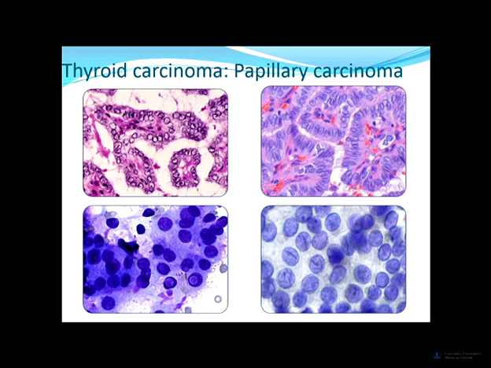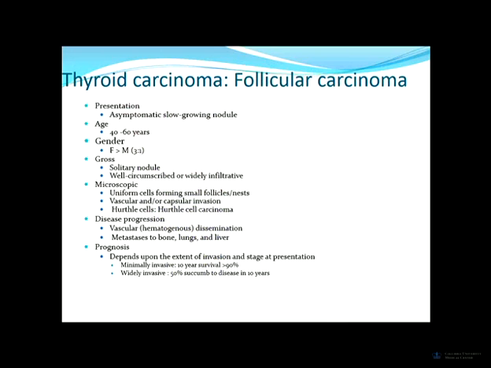And again, I want to highlight that this core in the center is the fibrovascular core, and it's lined by cells that are atypical. In a follicular adenoma or follicular carcinoma, you're not going to see these nuclear features. So that's really the feature that helps us make a distinction between papillary carcinoma and a follicular lesion.